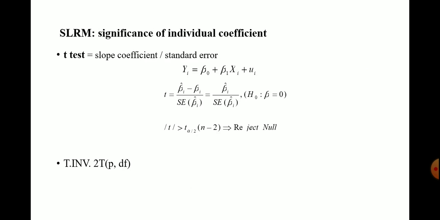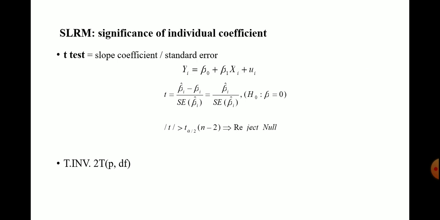After this, we have to find the t-test or t-value. How can we find the t-value? In regression, t is beta cap divided by the standard error of beta.